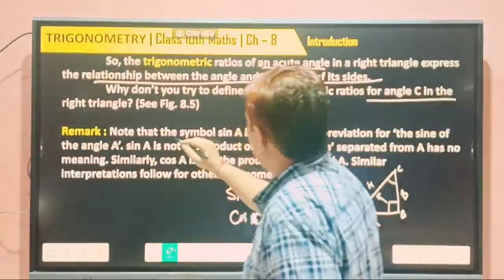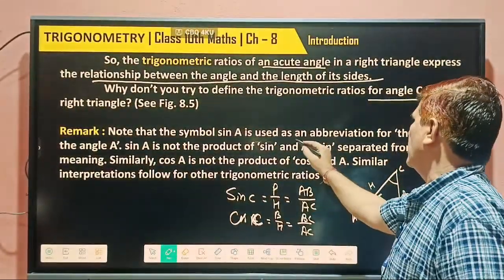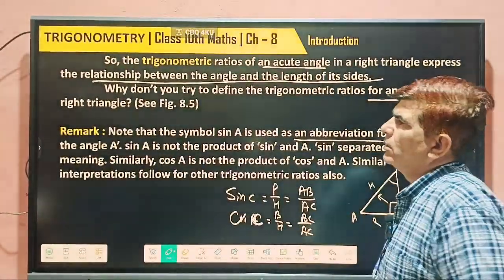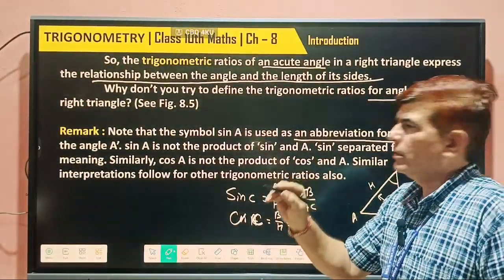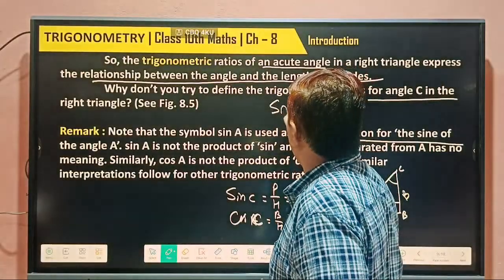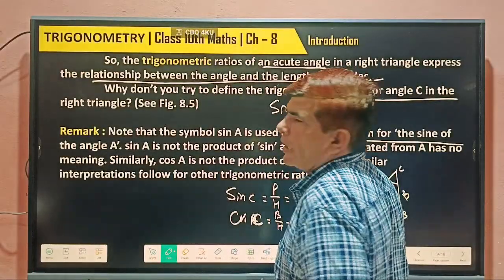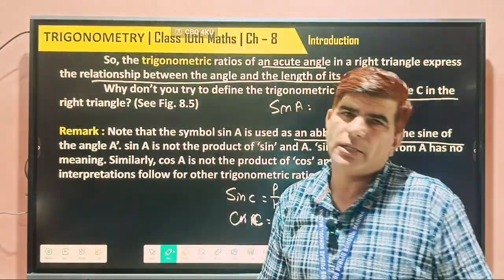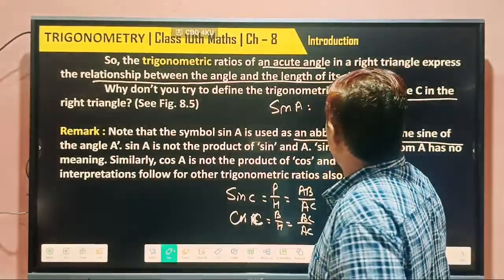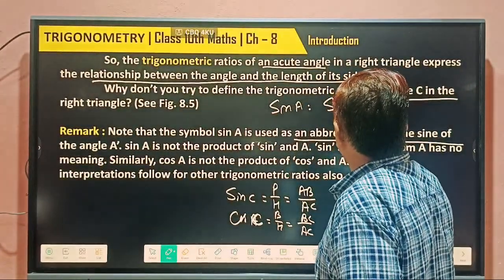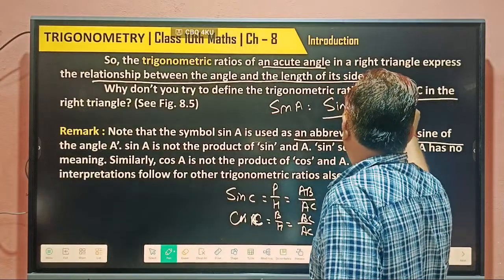Remember, note that the symbol sine A is used, which I already told you. Sine of the angle A. We can read sine A, we can write sine of A, otherwise sine A. We cannot read it like sine into A. That's wrong.